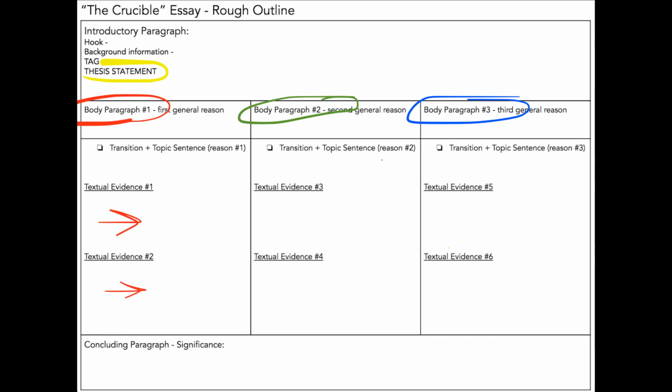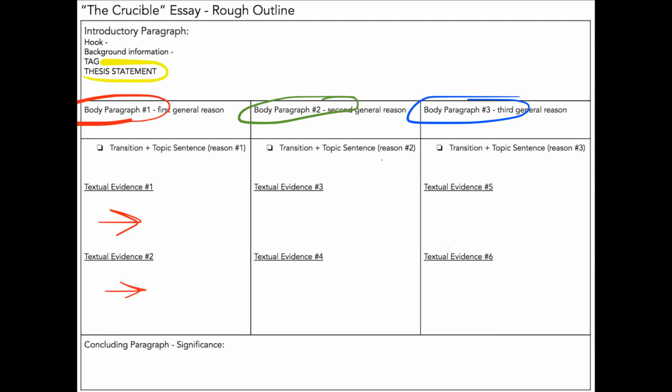And then I would have to look through the entire play and find pieces of textual evidence that go with each of the 3 categories, or the 3 ways, or the 3 general reasons. This means that you need to be able to access the play. You can do so by going on my Learn Park textbook and looking at the PDFs there, or by looking at the pink packet in front of you.